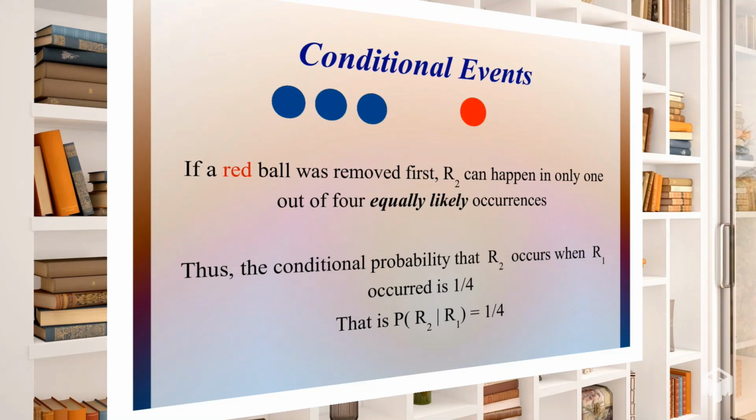If a red ball was removed first, then R2 can happen in only 1 out of 4 equally likely occurrences. Therefore, the conditional probability that R2 occurs when R1 occurred is 1 out of 4.